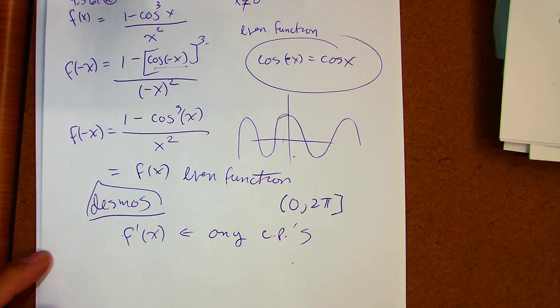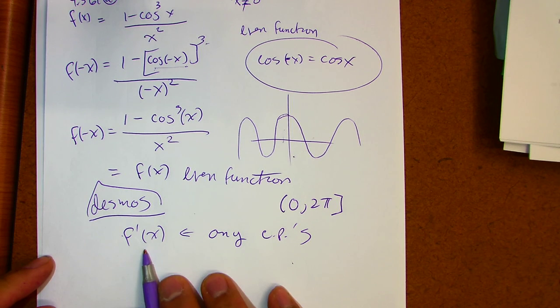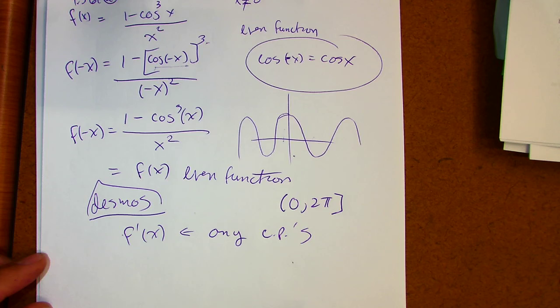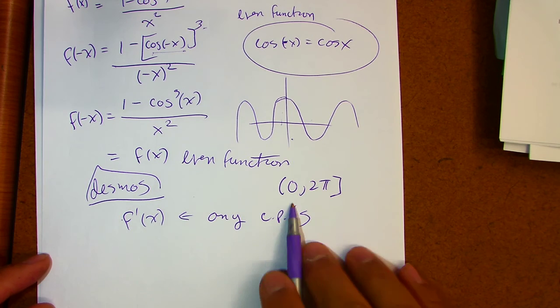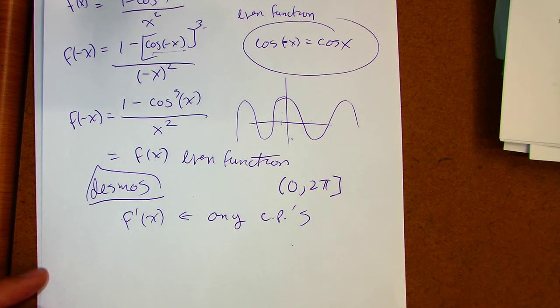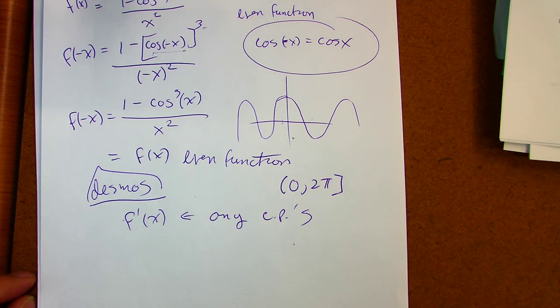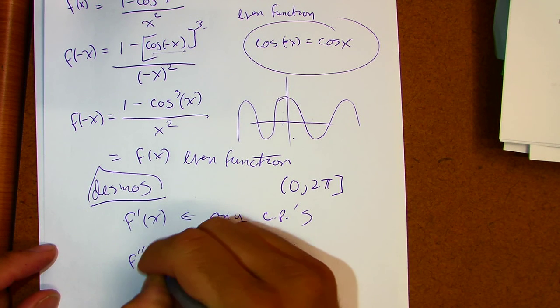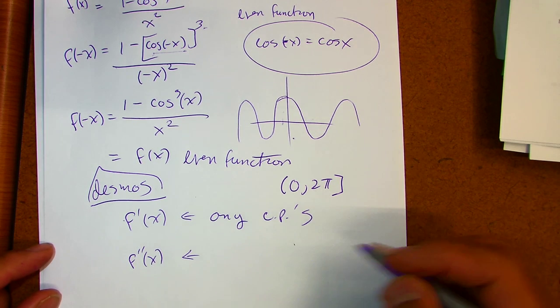All right, and from there, use Desmos to graph the derivative, and you'll see that it's a decreasing function on 0 to 2 pi. All right, and then use that fact here for f double prime.